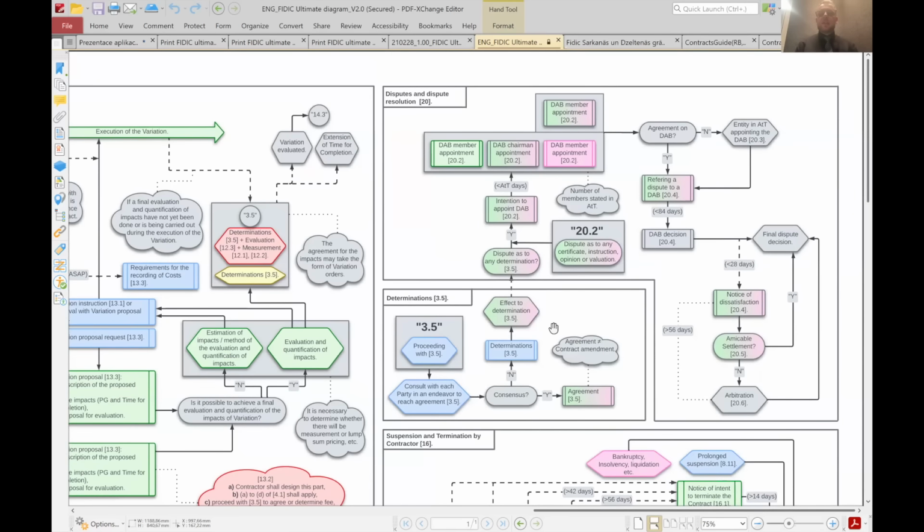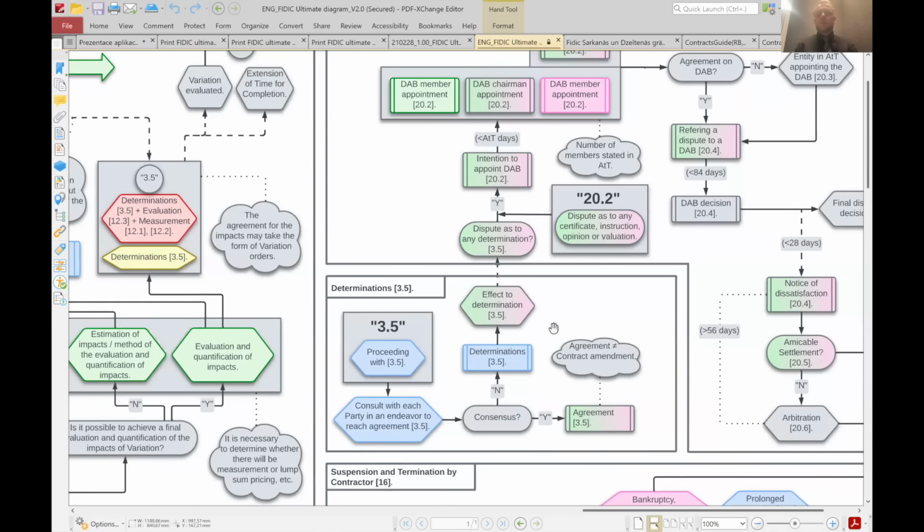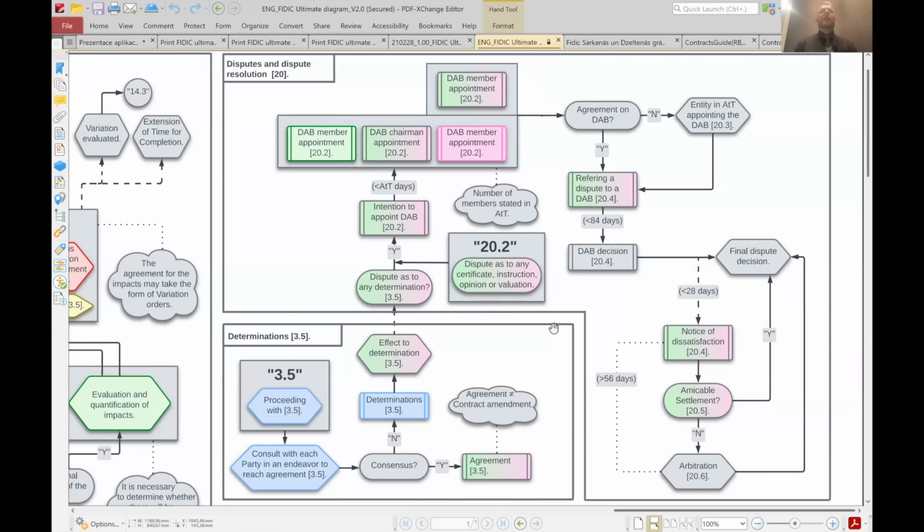The next part of the FIDIC ultimate diagram is the part that everyone should actually be afraid of, or everyone should not like. It's the dispute part of the project. As I was saying at the beginning of my presentation, I'm sitting at an arbitration.